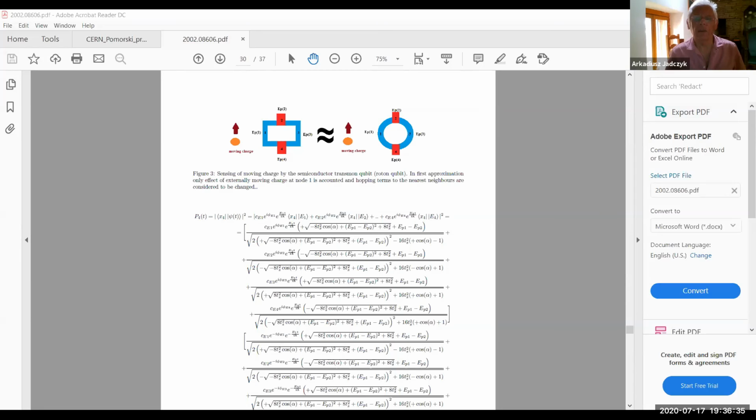Another question: you said you associate the magnetic field with this oscillating electron between two quantum dots. Yes. Now the question is, do you have an analytic formula that can be seriously justified?